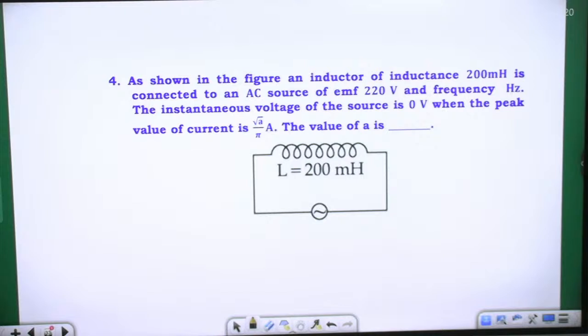So question 4 says that as shown in the figure, an inductor of inductance 200 millihenry is connected to an AC source of EMF 220 volts and frequency 50 hertz.